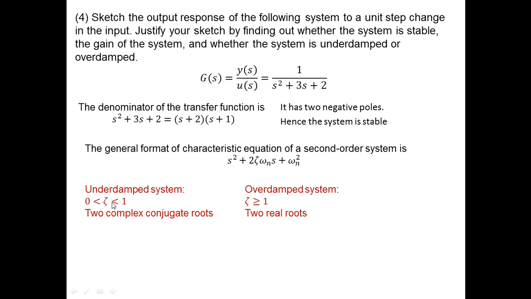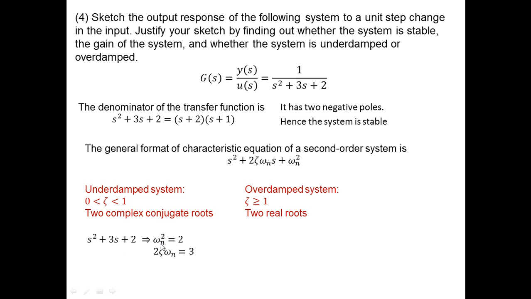Using this criteria, justifying the characteristics of the system based on its damping ratio, I just need to compare this general format with this characteristic equation. If I compare them, I see that omega n squared is 2 and 2 zeta omega n is 3.